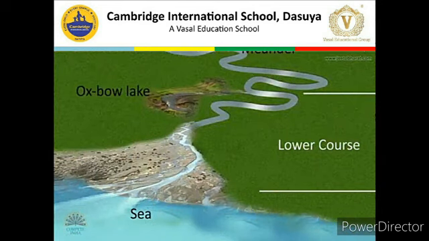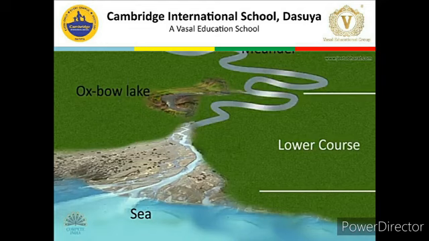One very important feature of a river in the lower course is an Oxbow Lake. An Oxbow Lake is a U-shaped lake that forms when a wide meander of a river is cut off, creating a free-standing body of water.